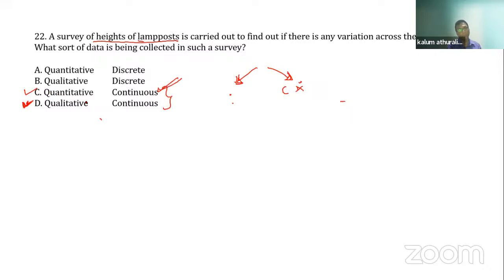Measurement taking means quantitative, and continuous data.